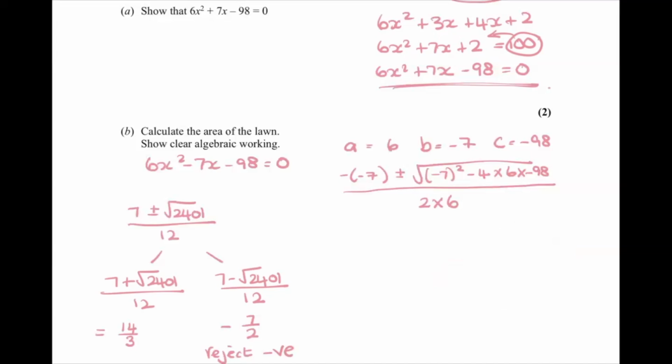The lawn is 3x times 2x. So we've got 3 times 14 over 3 times 2 times 14 over 3. And I can pop that in my calculator and get my final answer there.